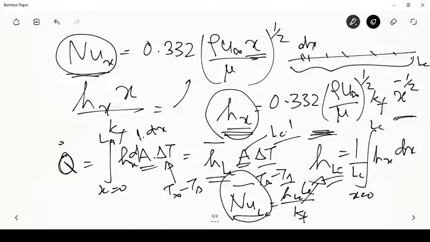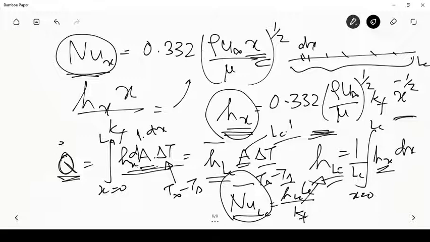So the integral is of x to the power of minus half dx rather than x to the power of half dx. Just be very careful about that. The integral is always of the heat flux, which is h dA into delta T, and not the Nusselt number.